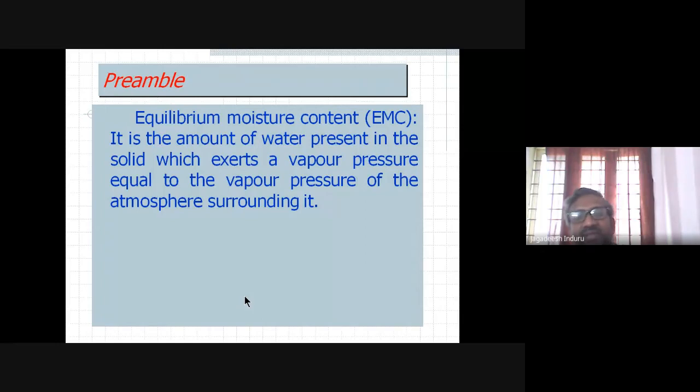The liquid will stand still. There will not be any drying. It means it is the critical amount of water present in that solid where the vapor pressure of the liquid in the solid is equal to the vapor pressure of the surrounding atmosphere. In that case, you don't have any further drying; it will be at a standstill.